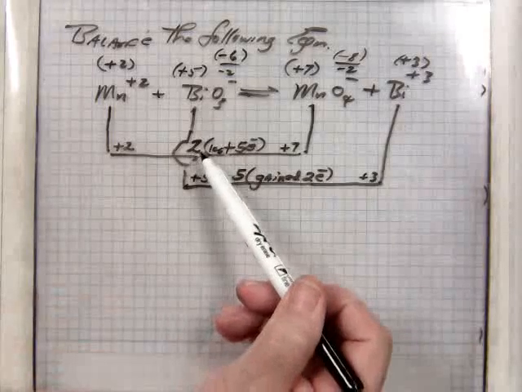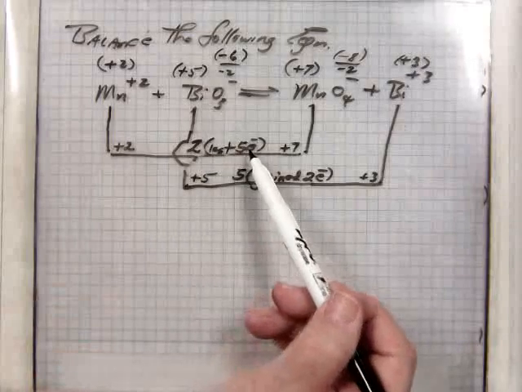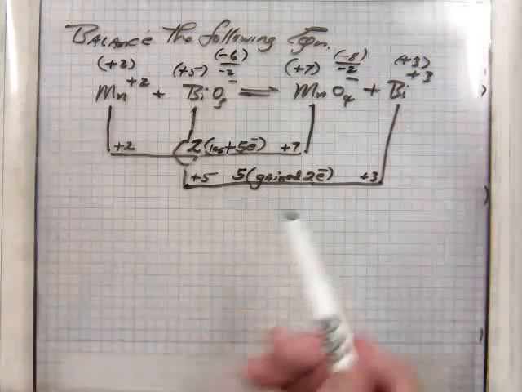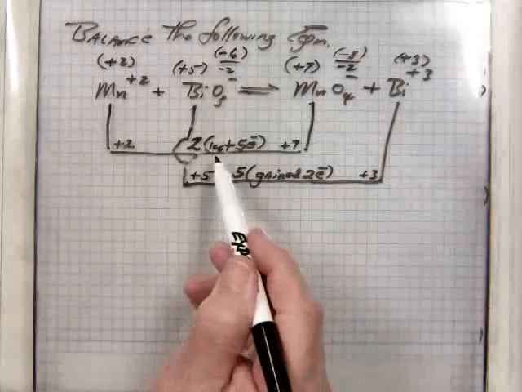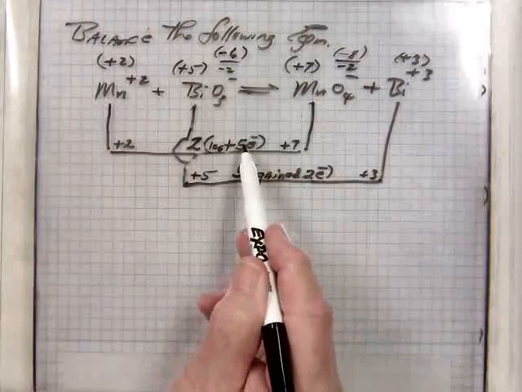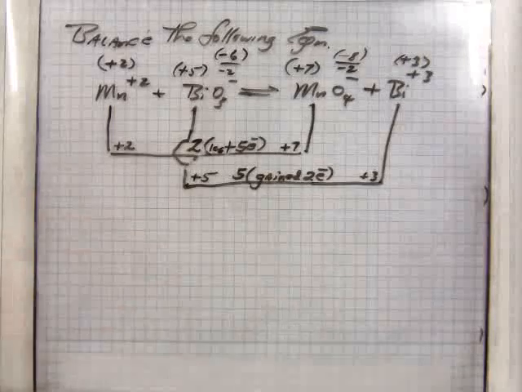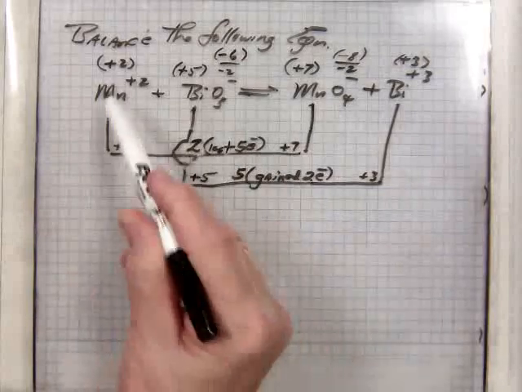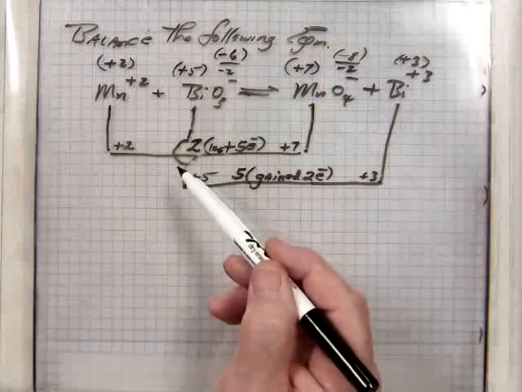What you're saying here, each manganese is losing 5 electrons, and each bismuth is gaining 2 electrons. But to make this equal, you need to say in your mind 2 manganese each lost 5 electrons.